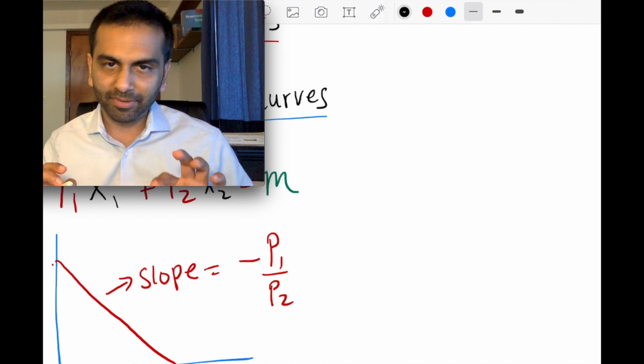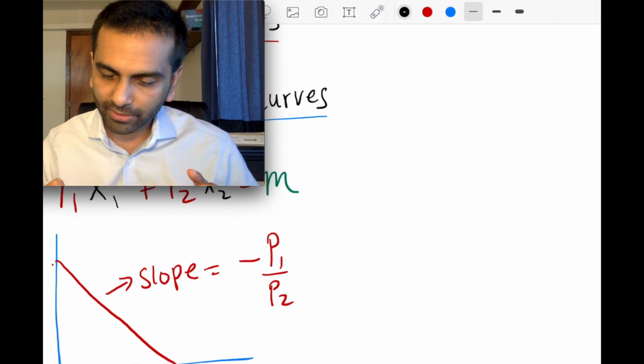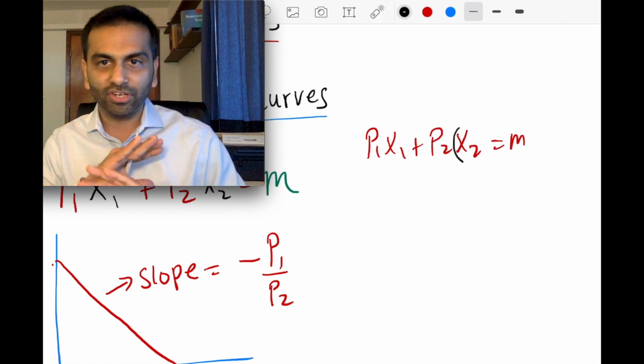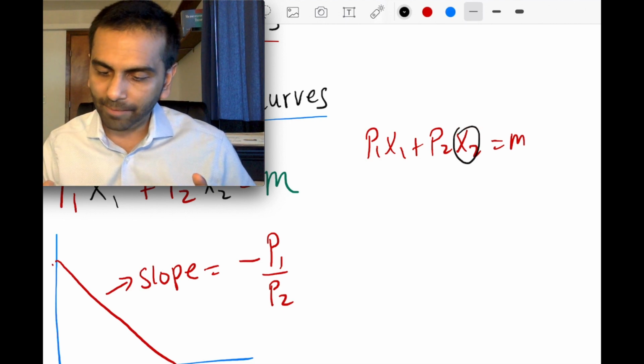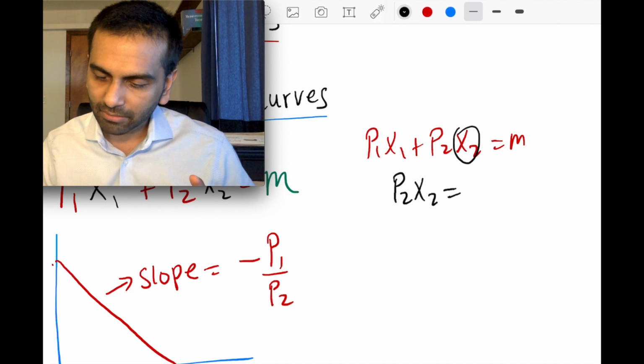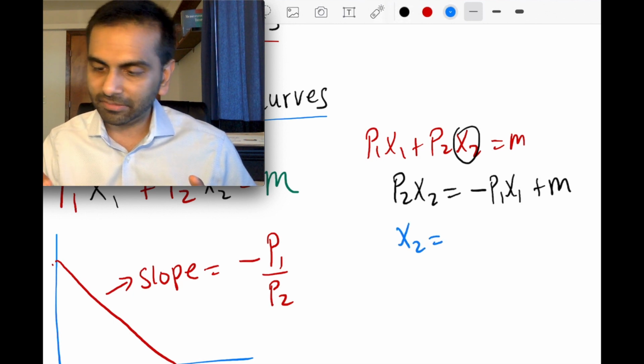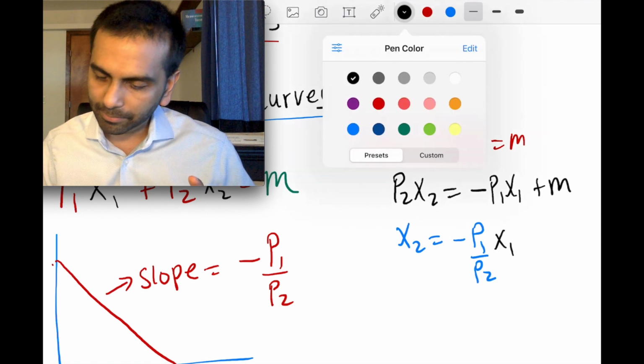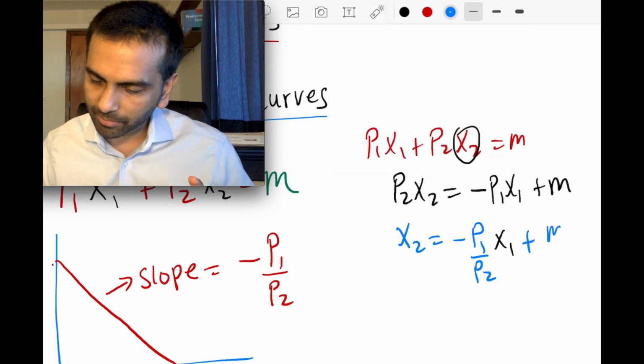If we were the first economists ever and we wanted to solve for x2 in this P1x1 plus P2x2 equals m, just generically write an mx plus b for that, we would subtract this P1x1, so we get P2x2 equals negative P1x1 plus your money, and then divide both sides by P2, and you get x2 equals negative P1 over P2 times your variable x1, and then plus m over P2.